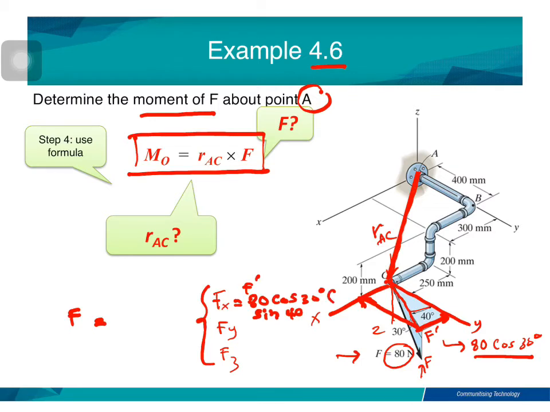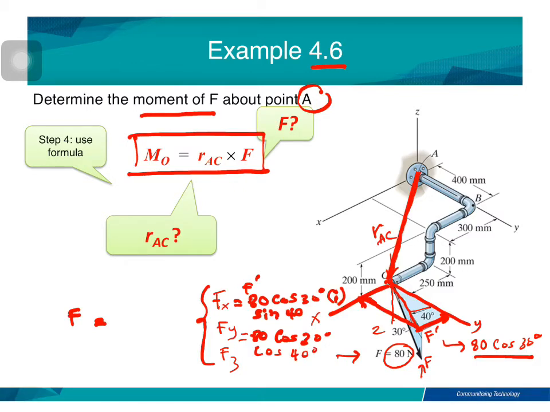So this is the I. Okay, next Fy. So how to resolve the F prime to component y? So here we have the F prime cos 40. So what is the F prime? F prime is 80 cos 30, and then cos 40.